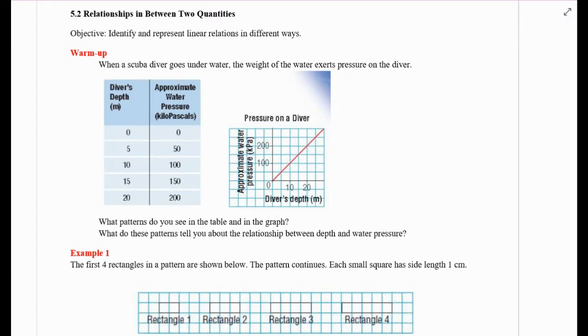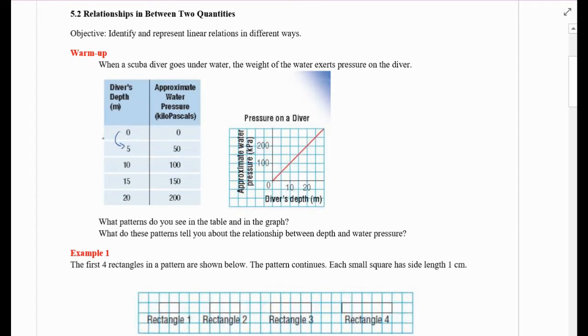When a scuba diver goes underwater, the weight of the water exerts pressure on the diver. When the depth is 0, the pressure is 0. And when the depth is 5, the pressure is 50.